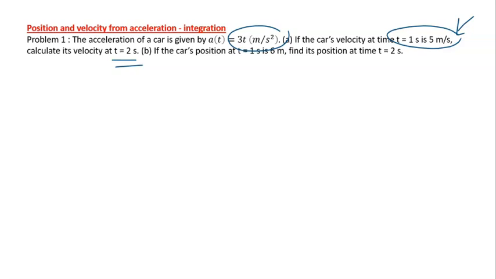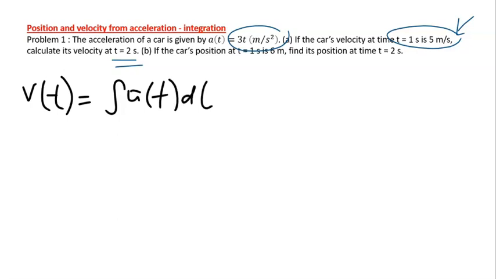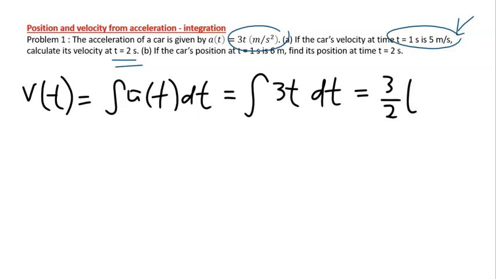So to get the velocity, we integrate the acceleration function as given, a dt, where a is 3t dt, and that is going to give you 3 over 2 t squared plus an integration constant, let's call it v naught.